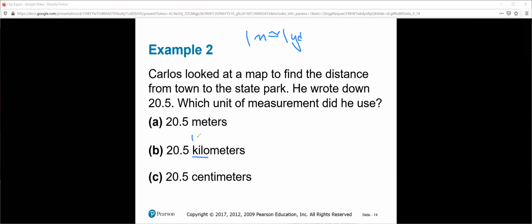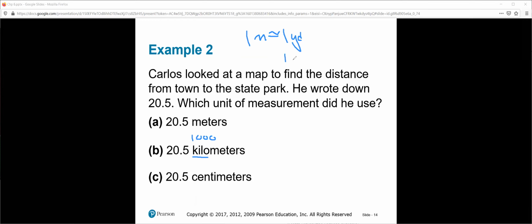Kilo means 1,000. So if a meter is a yard, 1,000 meters would be about 1,000 yards, which is getting close to a mile. Miles are long. So about 20 miles out.